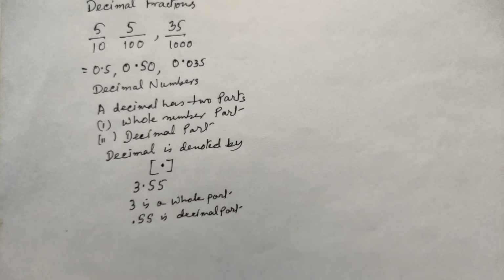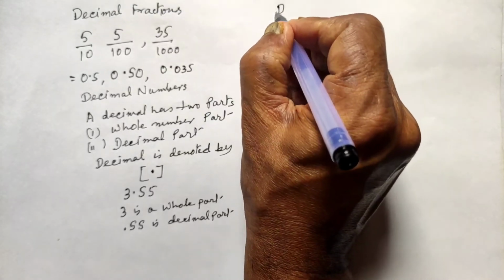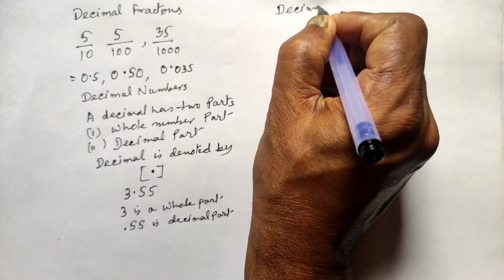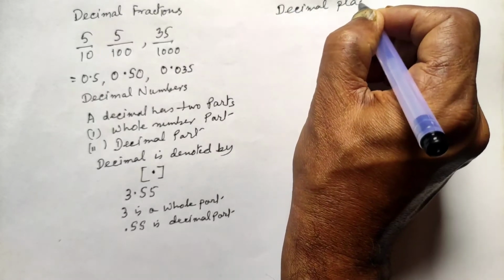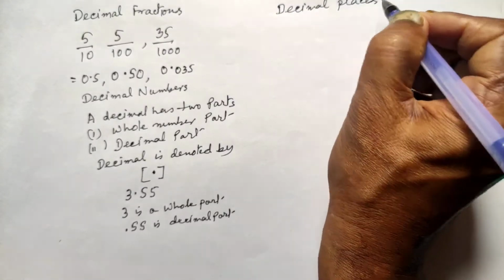Now, the number of digits contained in the decimal part of a decimal gives the number of its decimal places. First you have to know what it is.